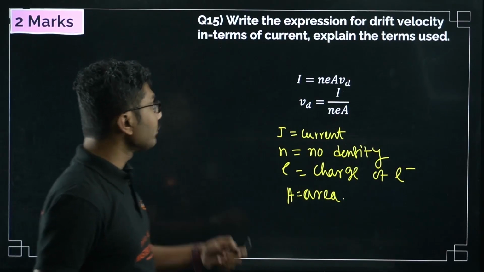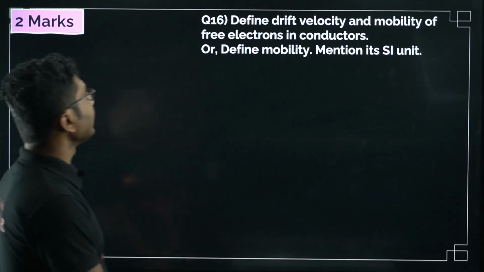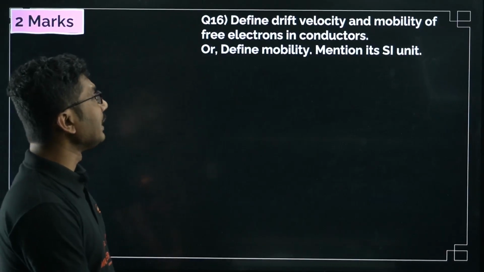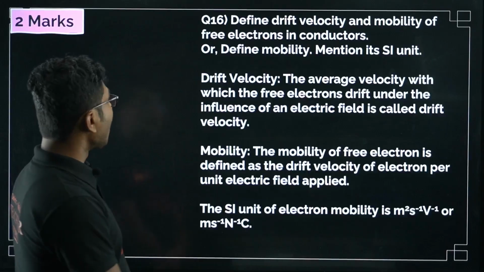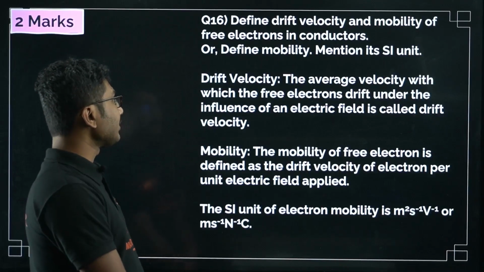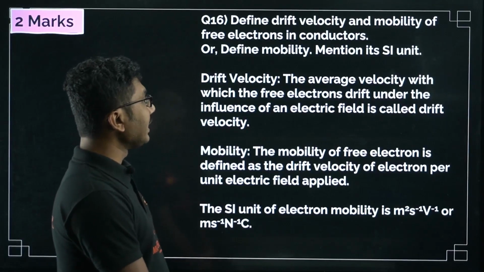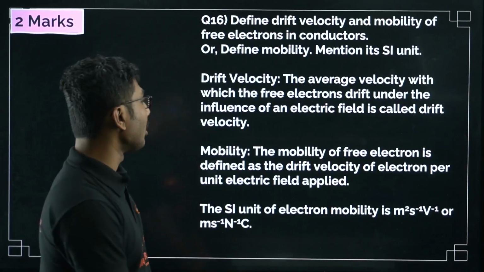Now let's move on to the next question. Define drift velocity and mobility of free electrons in conductors, or sometimes only define mobility, mention its SI unit. This is also a possible question. Both of them are 2 marker questions. Drift velocity: the average velocity with which the free electrons drift under the influence of an electric field is called drift velocity.